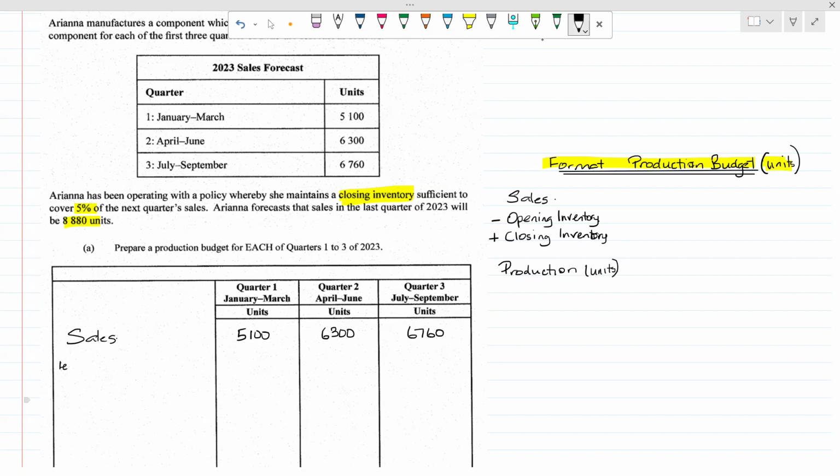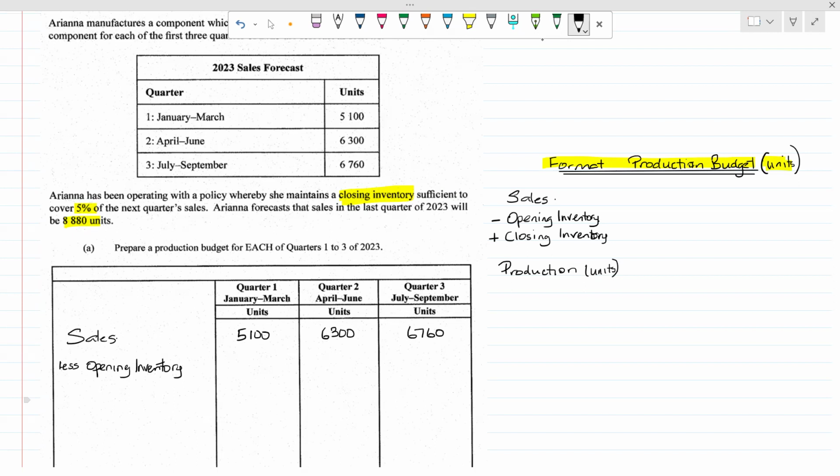So next here, we're going to have less our opening inventory. Now, there's a relationship between opening and closing inventory, one that sometimes is so simple we don't realize. The opening inventory was last period's closing inventory.